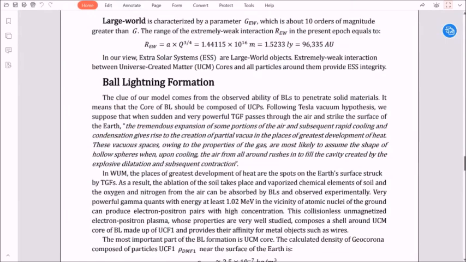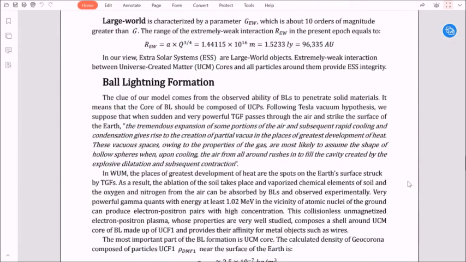In our model, the places of greatest development of heat are the spots on the Earth's surface struck by TGF. As a result, the ablation of the soil takes place, and vaporized chemical elements of soil and the oxygen and nitrogen from the air can be absorbed by ball lightnings and observed experimentally.